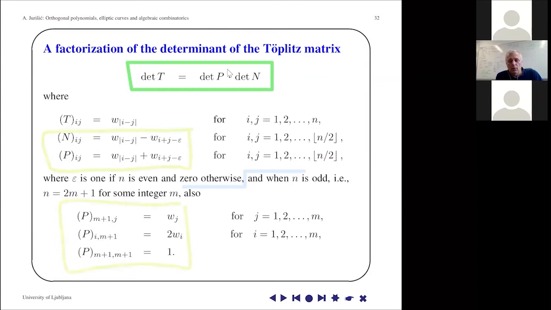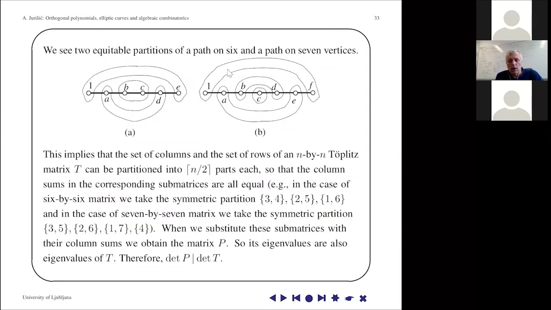Now, how to go and prove something like that? Well, you can take an equitable partition of the path, and then use the properties of equitable partitions and their connection with characteristic polynomials and so on. It's kind of an easy exercise to show quickly that the determinant of P divides the determinant of T, and now you do the same for the other factor, and you're kind of done.